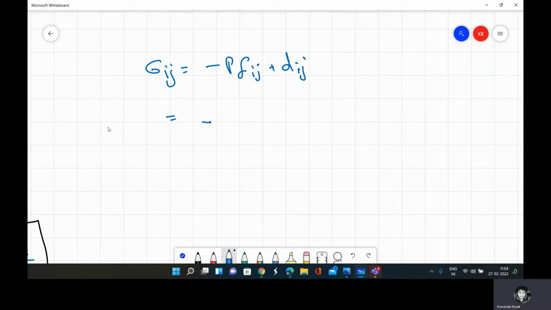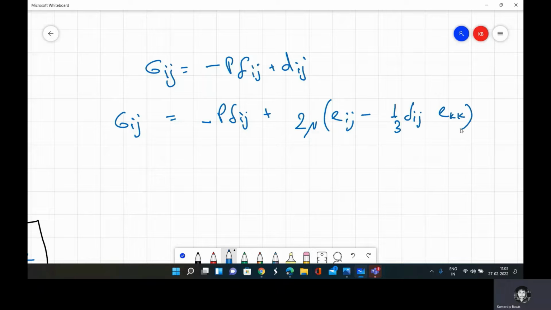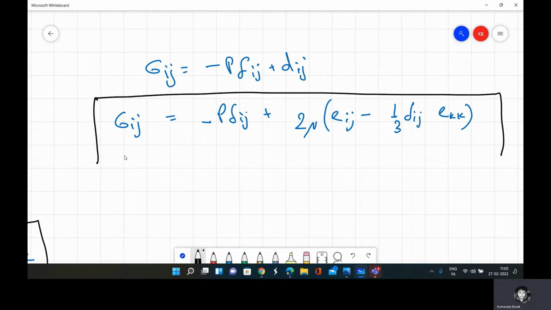What we can write as sigma ij equals minus p delta ij plus 2 mu eij minus 1 by 3 delta ij ekk. This is an excellent expression representative of the stress tensor. So we represented the stress tensor in terms of the local velocity gradient.